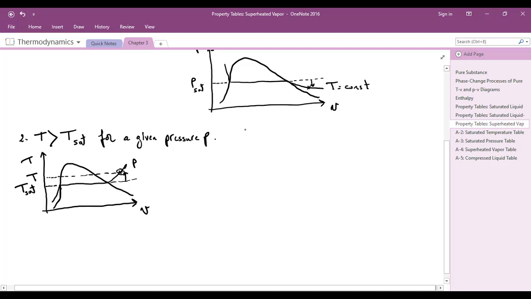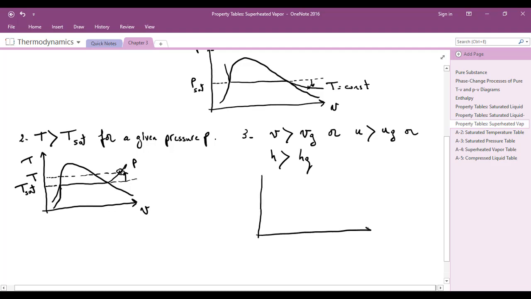Also, if we have specific volume V greater than Vg, or the internal energy greater than Ug, or H greater than Hg, then we can say that this is a superheated vapor state.